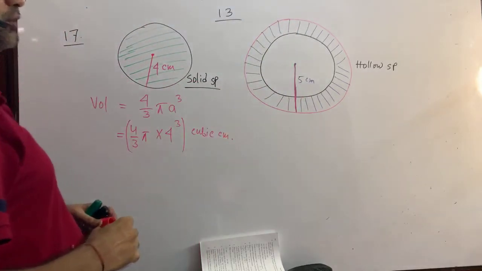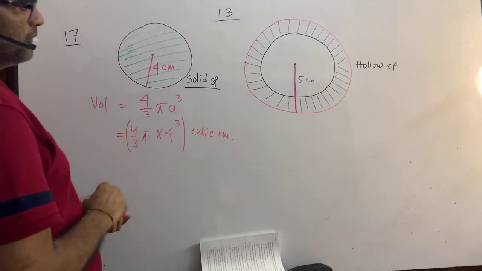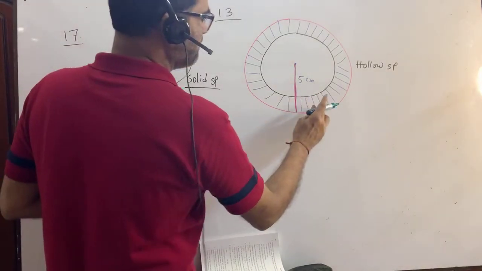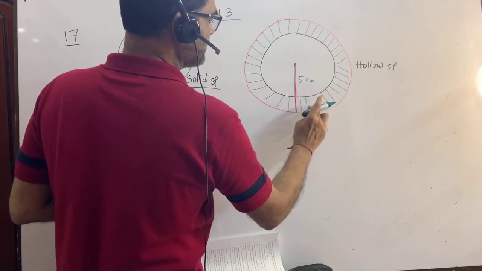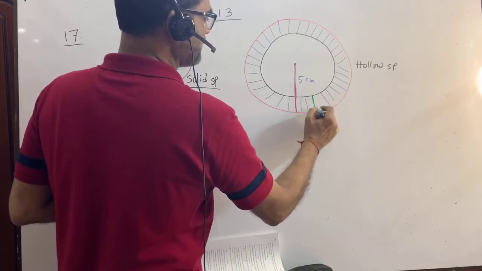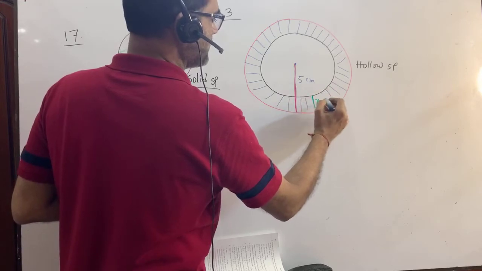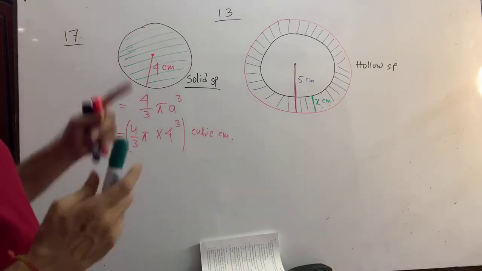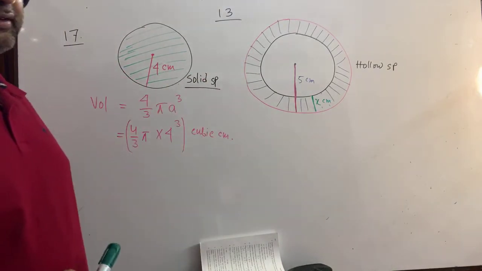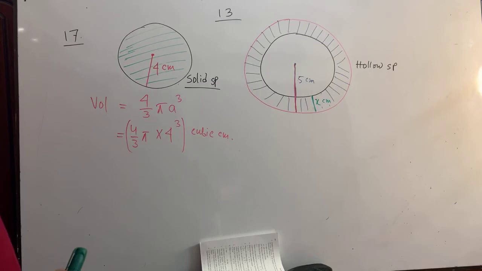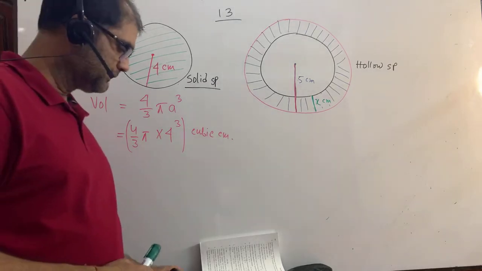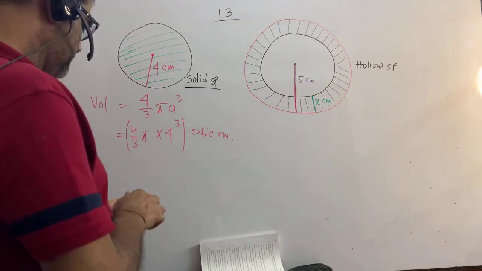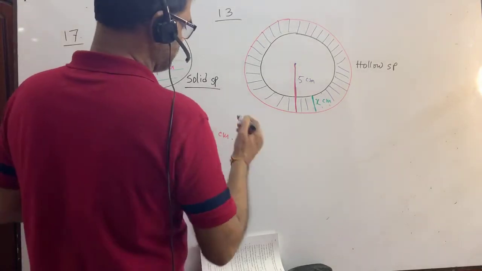Now what should I do? We let the thickness of the hollow sphere be x centimeter. I have let that the thickness of the hollow sphere is x centimeter. Now here outer radius you write down.